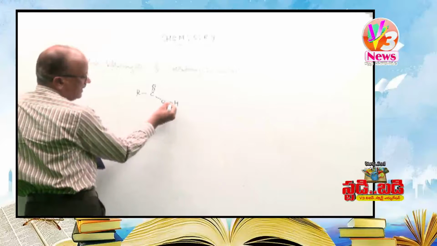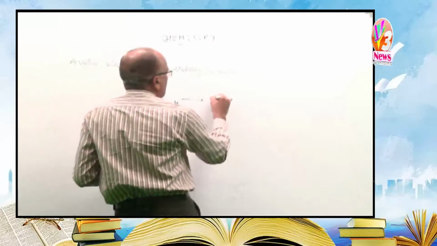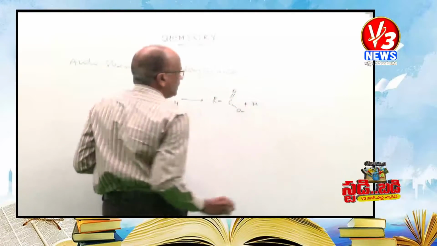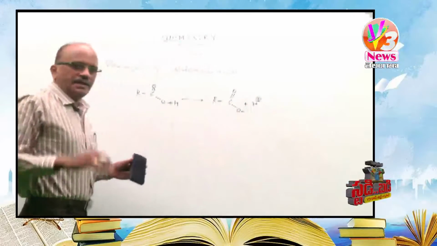This oxygen attracts the electron pair in this direction, then H plus comes out. Compounds which release H plus are acids. The greater the tendency to release H plus, the more the acidic strength.